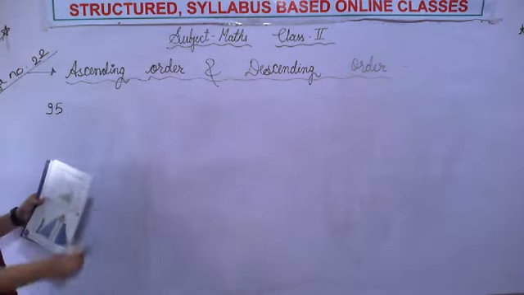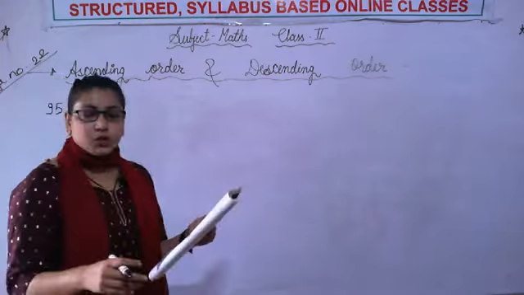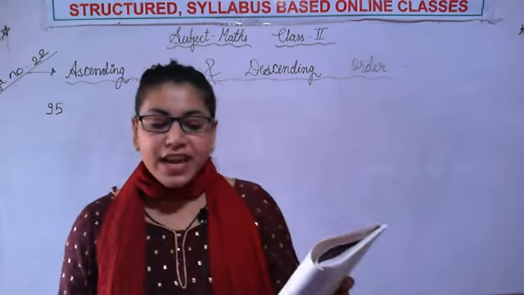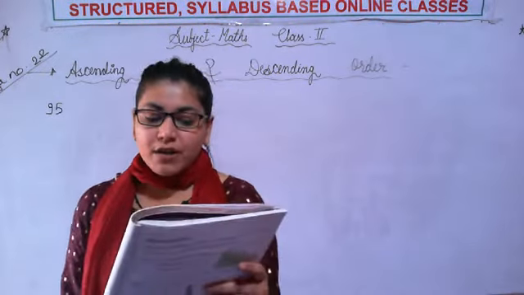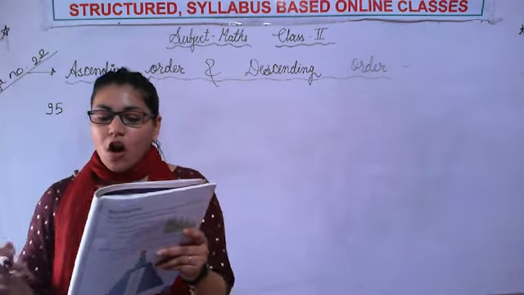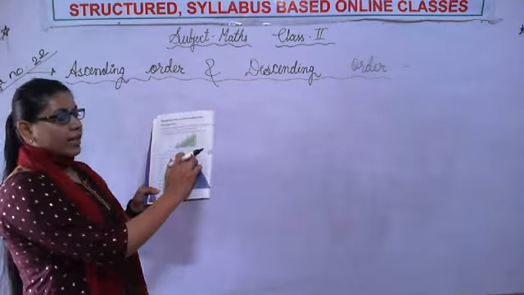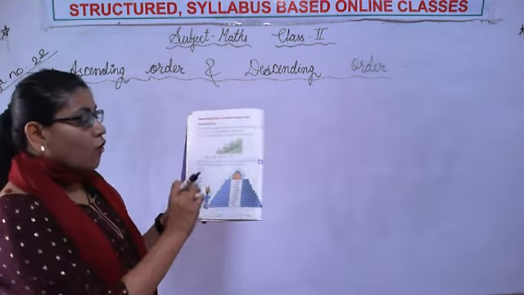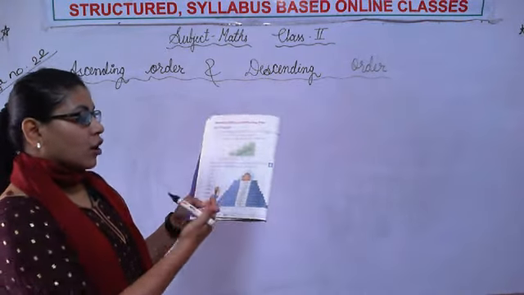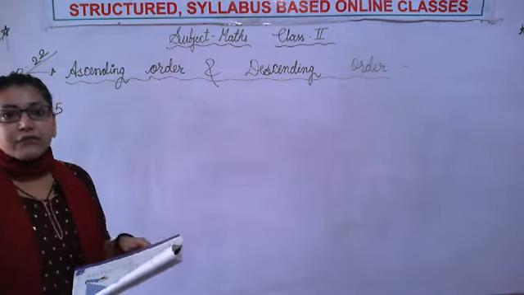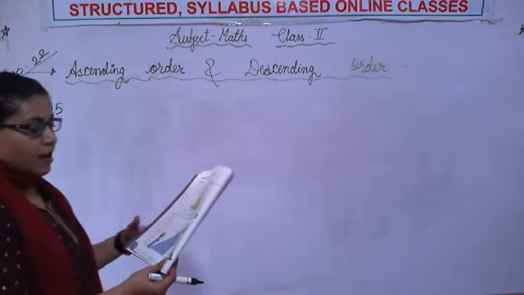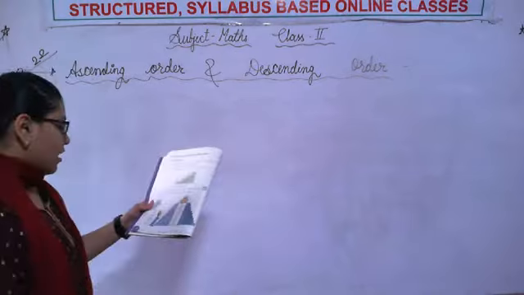Page number 22. Help the prince to save the princess by rearranging the following numbers in ascending order on the castle stairways. This prince wants to go into this castle, so for that he has to go through this stairway. For that we can arrange these numbers in ascending order.